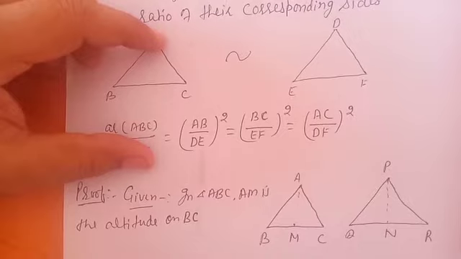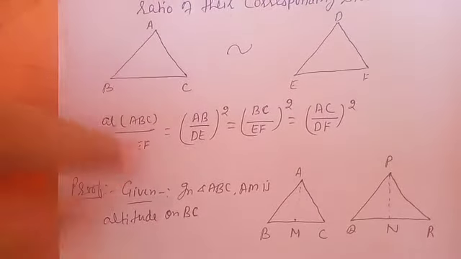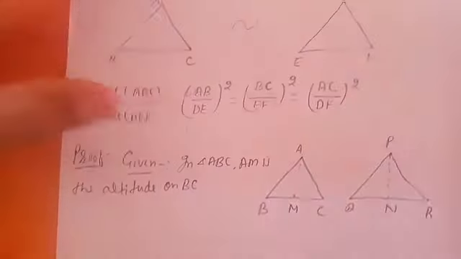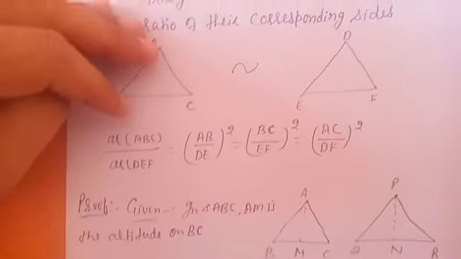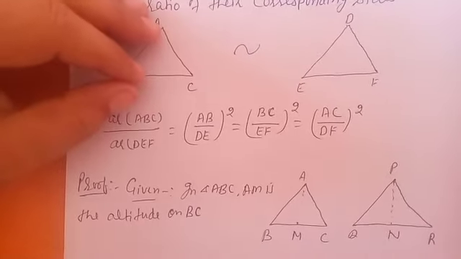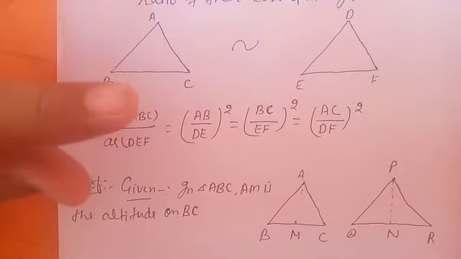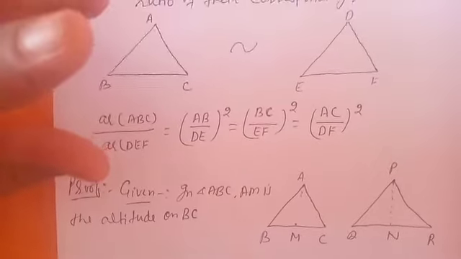Altitude means it starts from a vertex and is perpendicular on the opposite side. And what's the median? A median also starts from a vertex and divides the opposite side into equal parts. It may be 90 degrees or may not be. Understood?